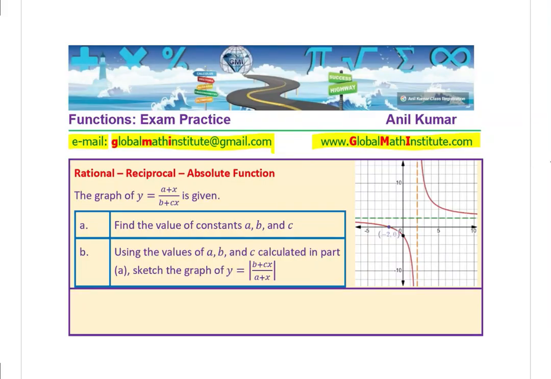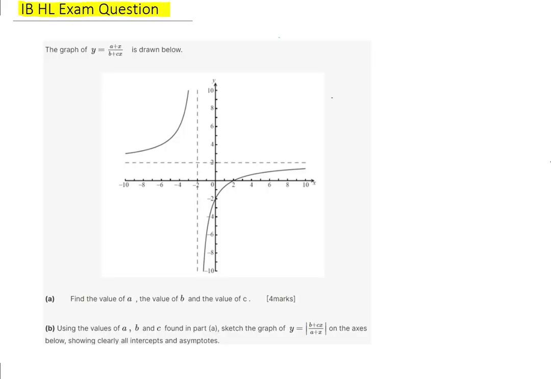So let's begin with the strategy of solving such questions. The question here is: the graph of y equals (a plus x) over (b plus cx) is drawn below. Find the value of a, the value of b, and the value of c.